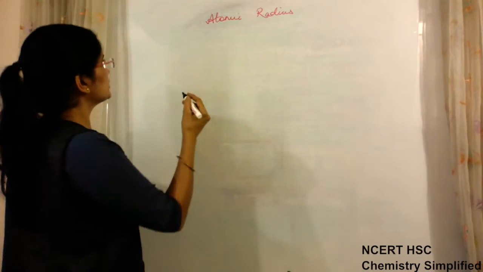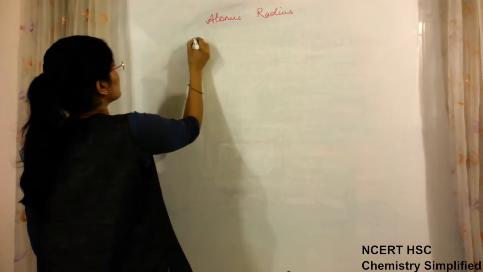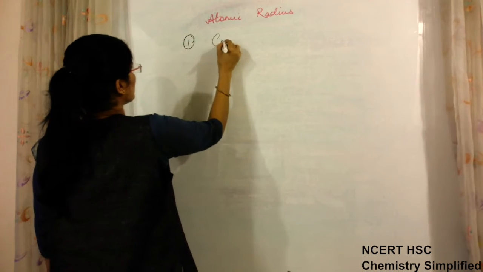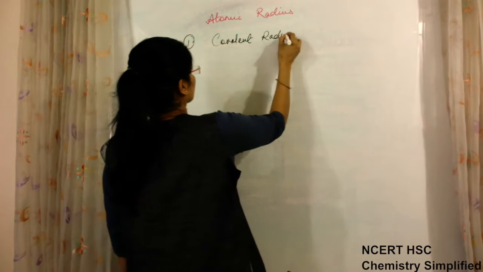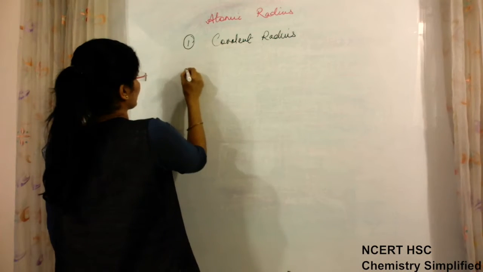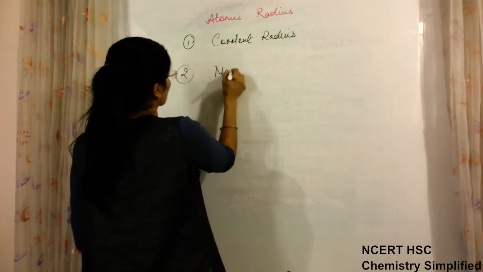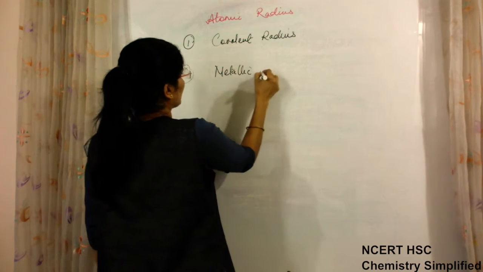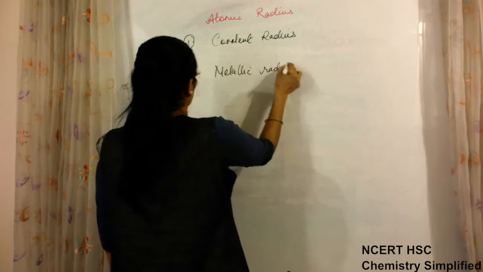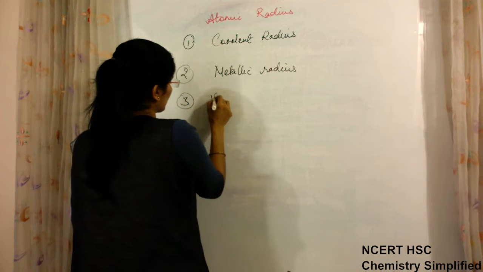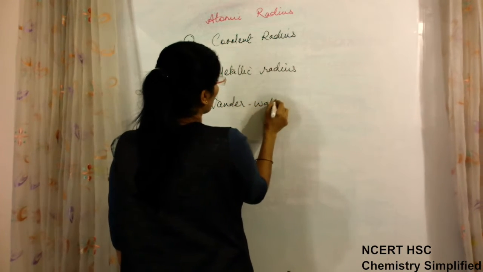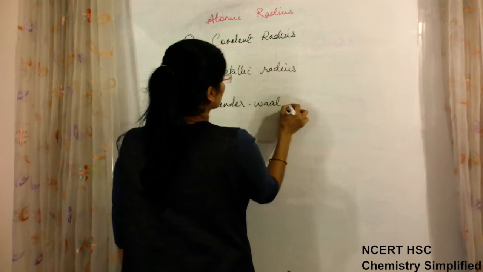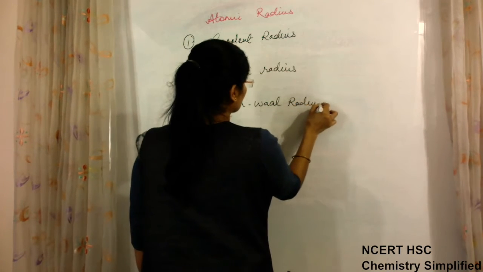It is measured in three ways. What are those three ways? One is that we measure covalent radius. Second, we measure metallic radius. Third, we measure van der Waals radius.